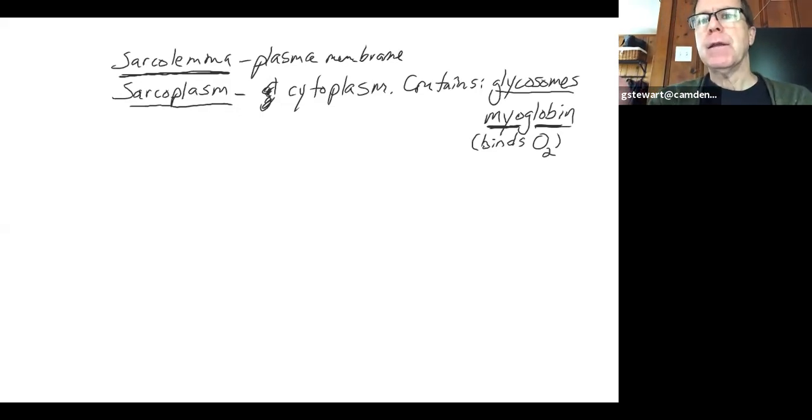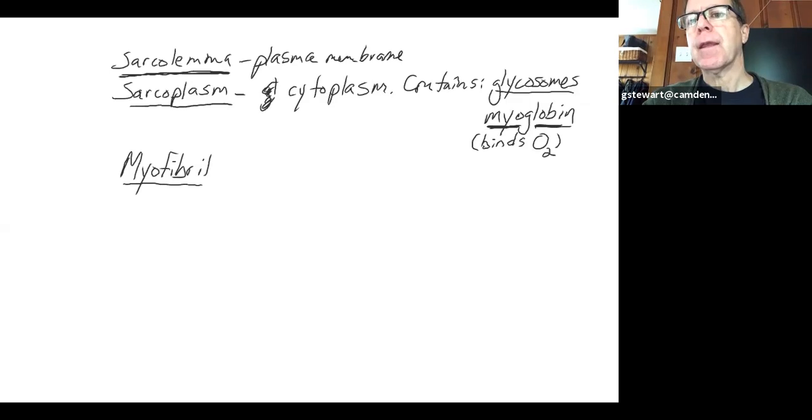All right, we already figured out what a myofibril is. It's a rod-like organelle inside. It's a specialized organelle that's rod-shaped. The organelle that contains thread-like structures called myofilaments.